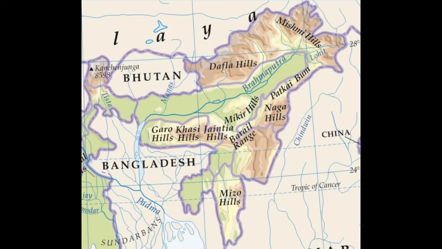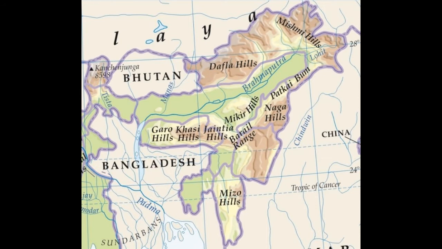Okay, next we move to the eastern part. Now look at the map again carefully. Here, what's happening? It's taking a turn. Where is it taking a turn? In Arunachal Pradesh. If I speak more specifically, next to Dihang Valley, it's taking a hairpin bend turn.